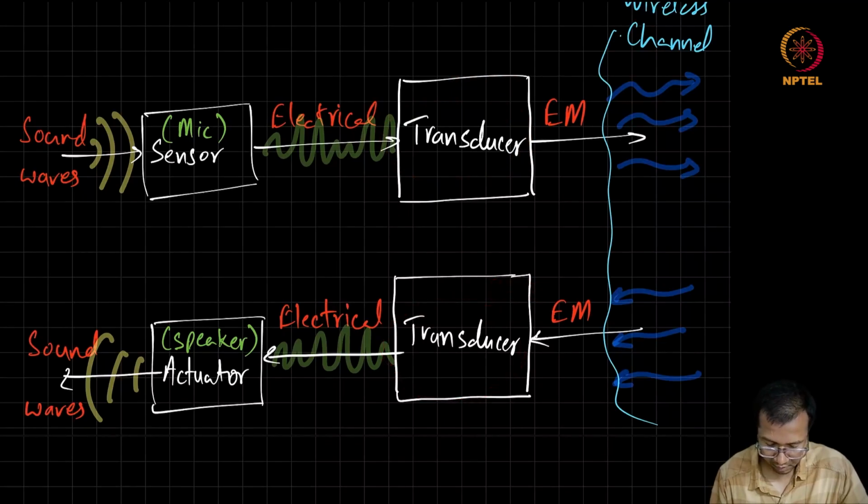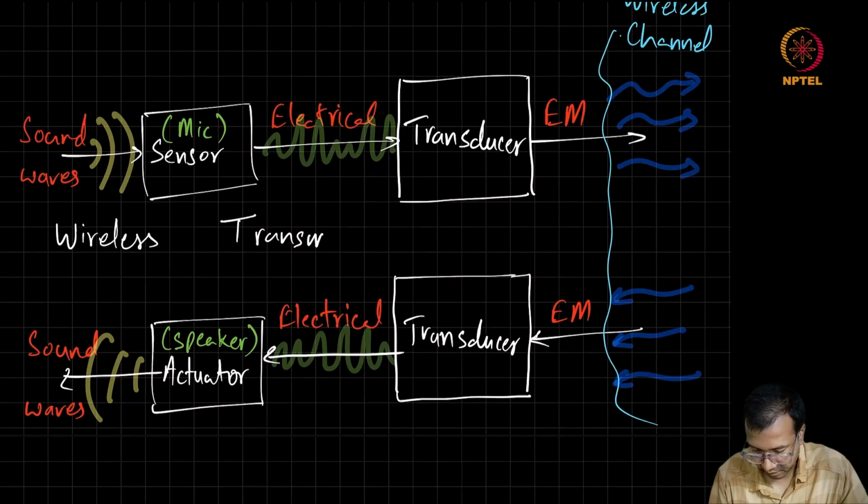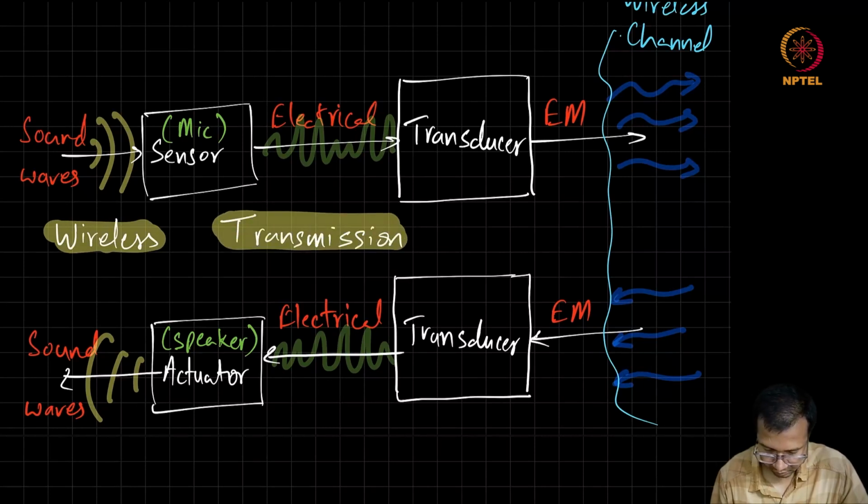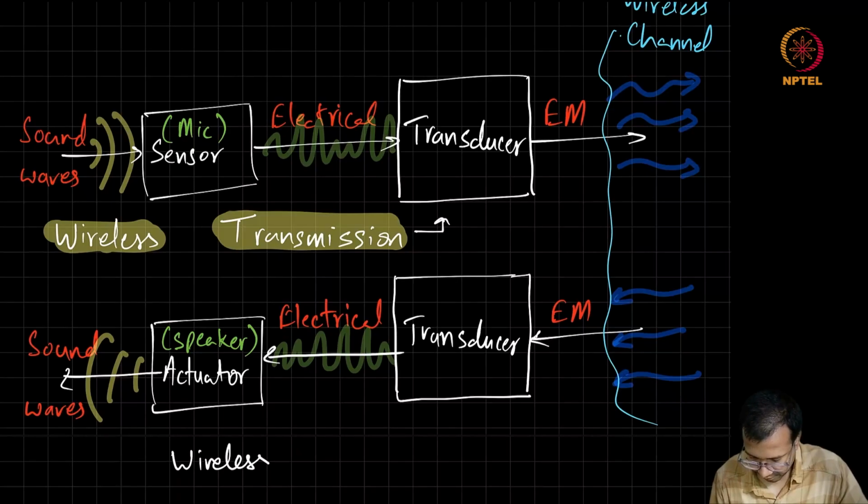Okay, so here, just to emphasize this point, here we are doing wireless transmission, whereas downside we are doing wireless reception.